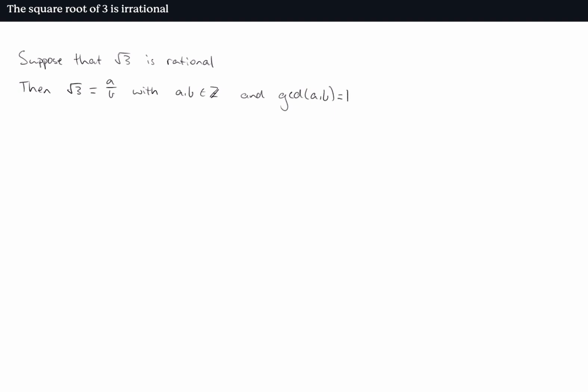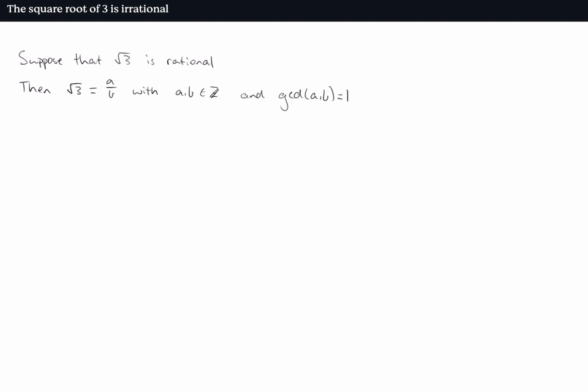Say a is 2 and b is 4, you could simplify that, and that just simplifies to a half. We just want this expression in fully simplified form. So the greatest common divisor of a and b is 1. In other words, a and b are relatively prime, or co-prime.